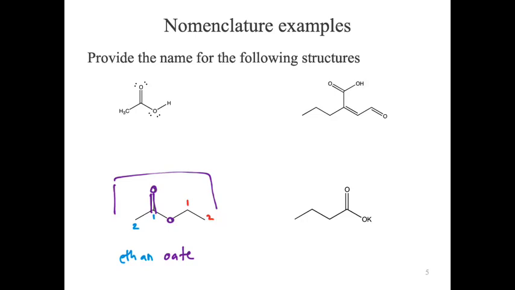I haven't labeled the last 2 carbons. Those 2 carbons are now connected at the ester position. Because they're 2 carbons, I would name that ethyl. And I get ethyl ethanoate. Yeah? Okay.